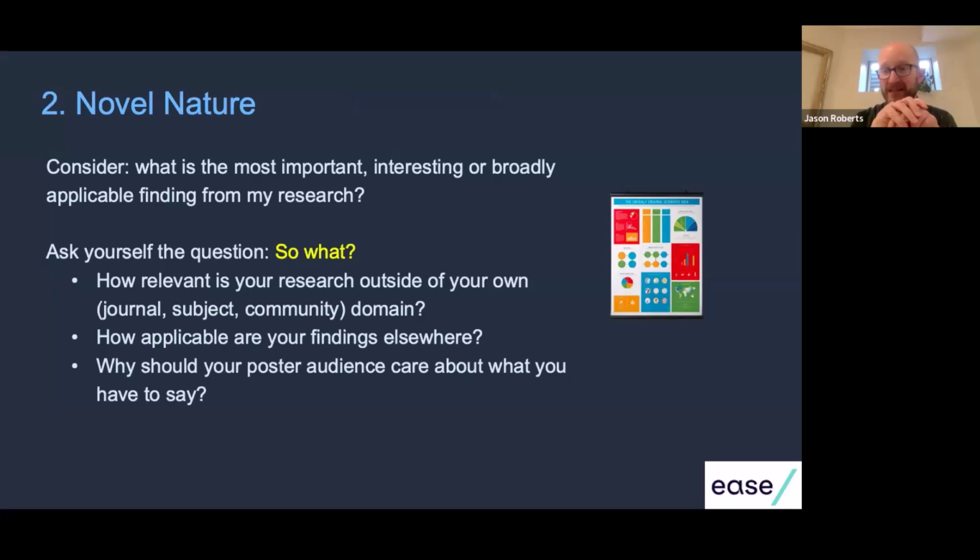And even if it isn't, as long as it's replicating something and that in itself advances our understanding of something, that's novel too. So novel isn't coming up with some idea that no one's ever thought of before. It's just approaching something and thinking about how, if you are replicating it, you're advancing the conversation forward.